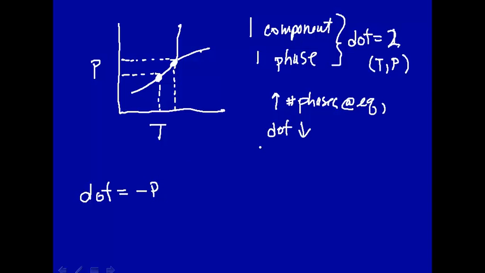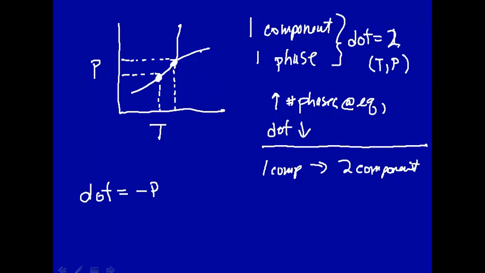Now let's look at components. So far we've talked about a single component, but now let's go from 1 component and increase the number of components by 1 to go to a 2 component system, for example, water and ethanol. So now we have 2 components. You would think by going to 2 components you would have maybe 2 more degrees of freedom, but that's not right, because the sum of the components has to equal the total amount in the system.